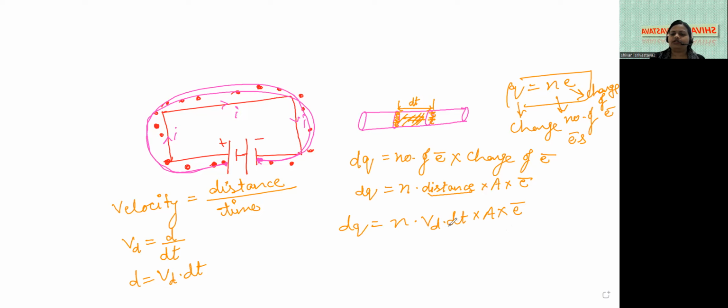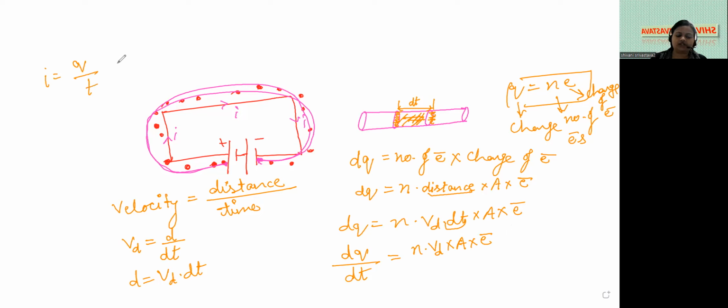Now we can do this dt below this q, right? So dq upon dt is equal to n into Vd into area of cross section into electron charge. Now this dq upon dt is what? Before only we have discussed about it. Current is equal to charge per unit time.